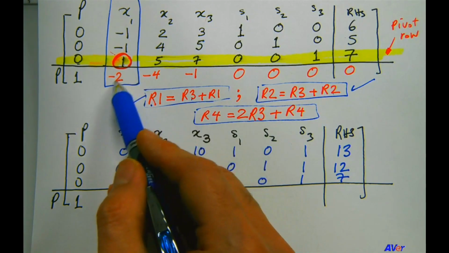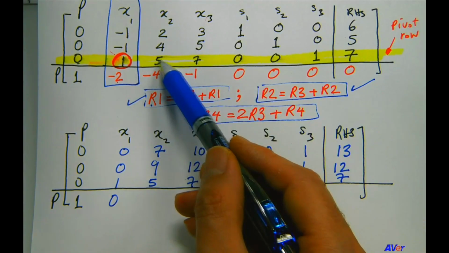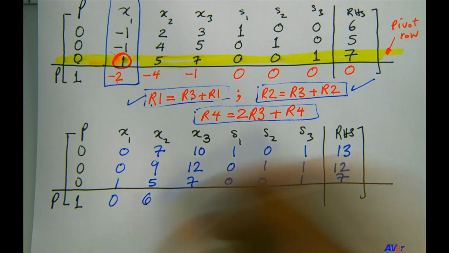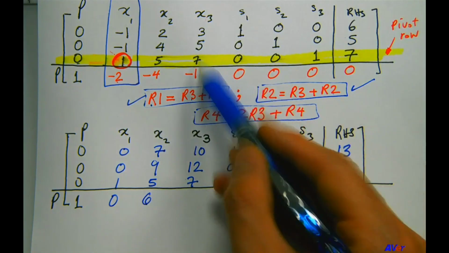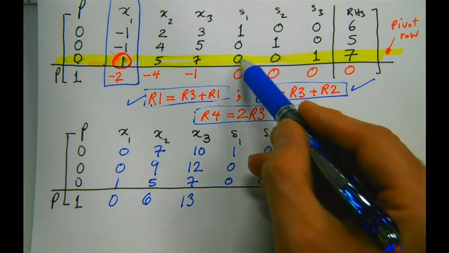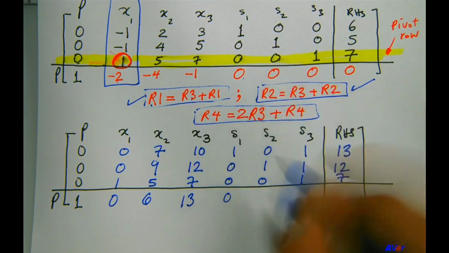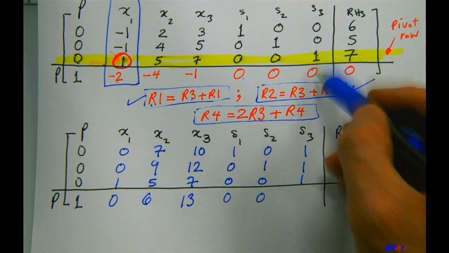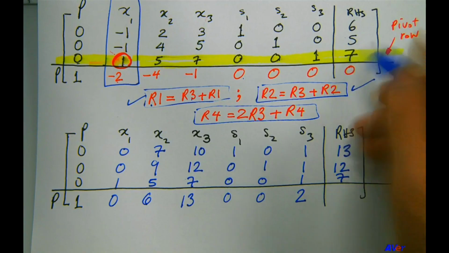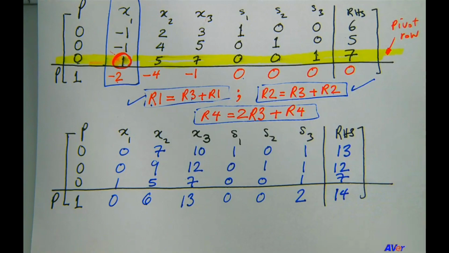We wanted to get rid of this negative 2. 2 times 5 is 10 plus negative 4, that's positive 6. 2 times 7 is 14 plus negative 1, that's positive 13. 2 times 0 is 0 plus 0 is 0. 2 times 0 is 0 plus 0 is 0. 2 times 1 is 2 plus 0 is 2. 2 times 7 is 14 plus 0 is positive 14.